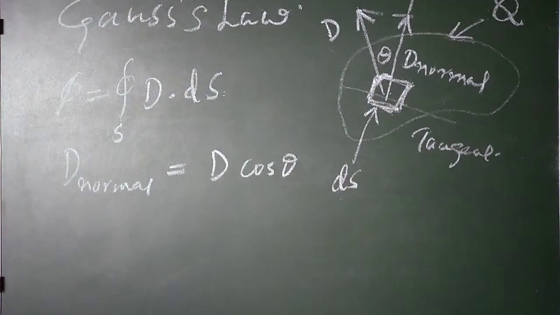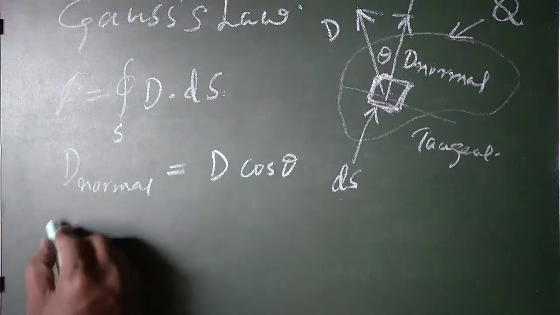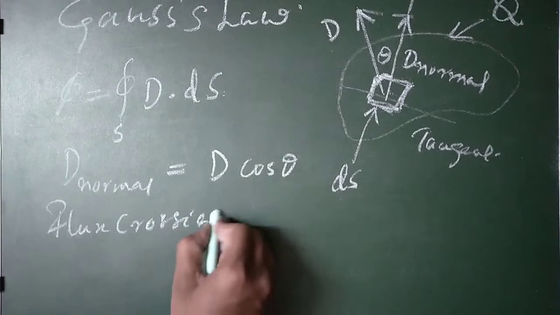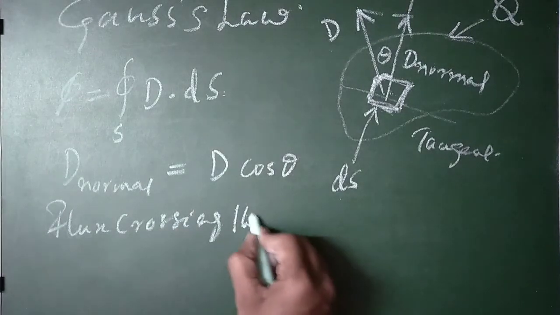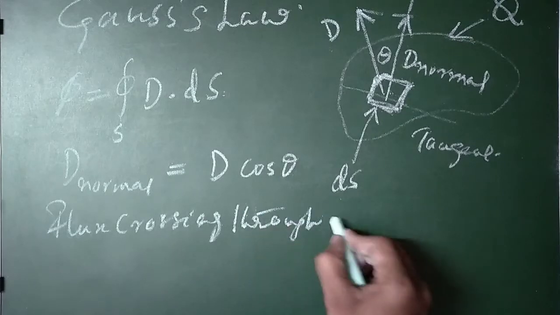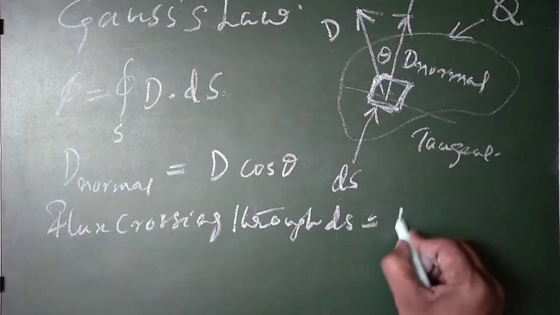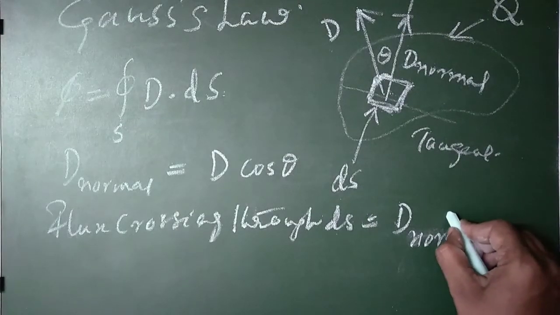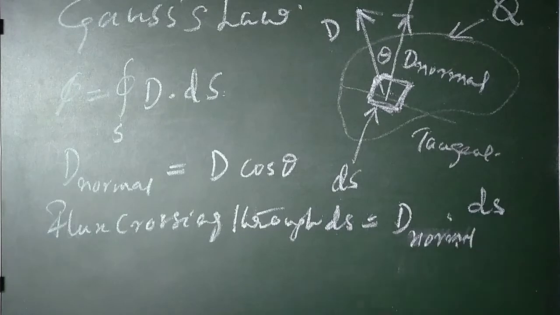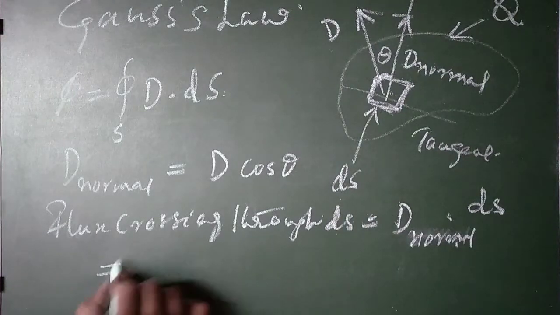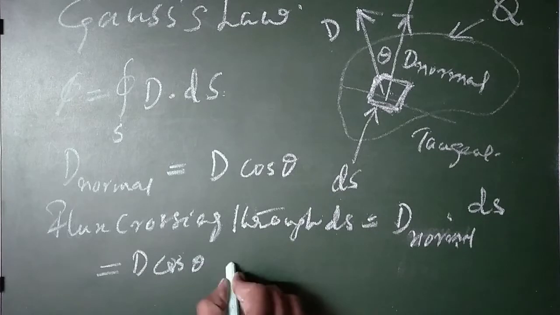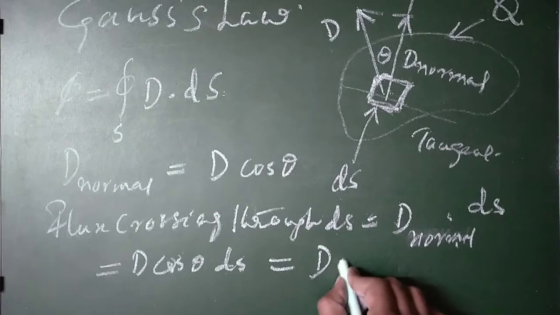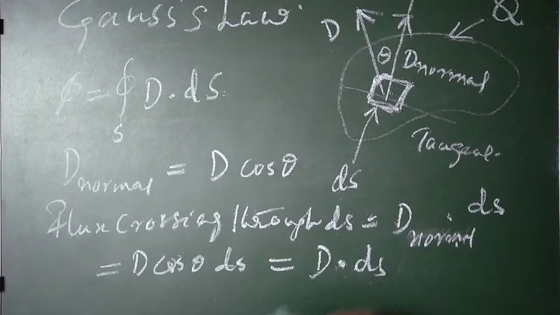Now flux crossing through this area dS, multiplied by dS, equals D cos theta dS, that equals D dot dS.